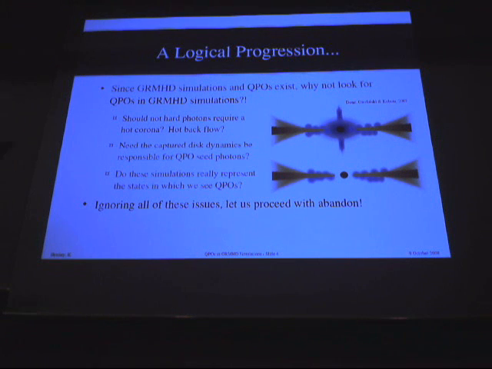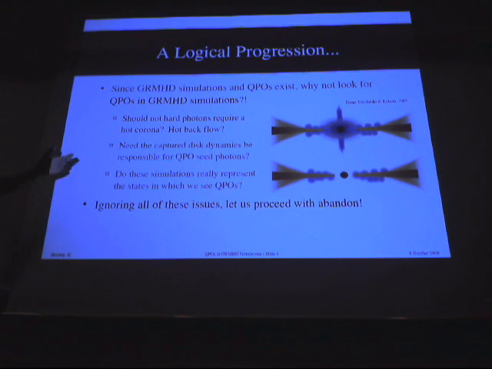But even if we did see that, we still have to wonder whether the dynamics responsible for the QPO would necessarily be in the disk, or would be in that corona that we're not seeing. So it's also unclear that by simulating the more disky part of one of these objects, we would still see the QPO if in fact the dynamics were in some sort of a corona itself.